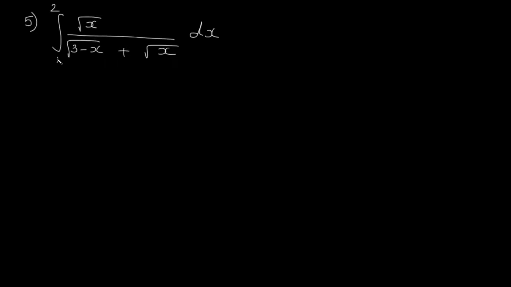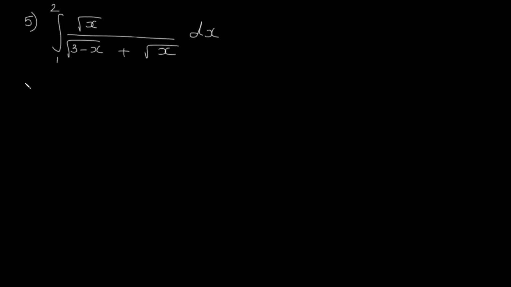Now in the fifth question, the integral is from 1 to 2 of root x upon root of 3 minus x plus root x dx. Again, the same thing, we use property 5 itself. So by property 5, in the exam time, you are expected to write the property in the brackets. Over here, we'll just state it this way.